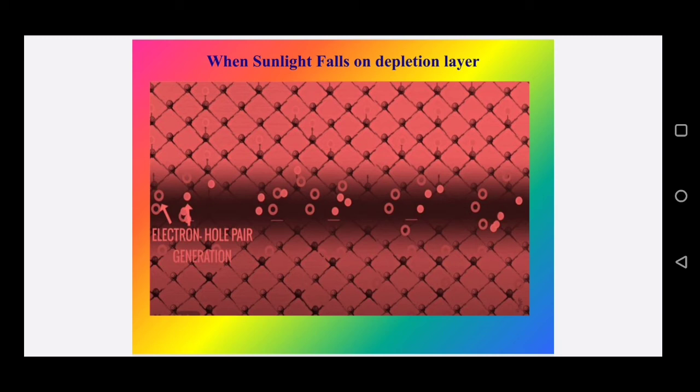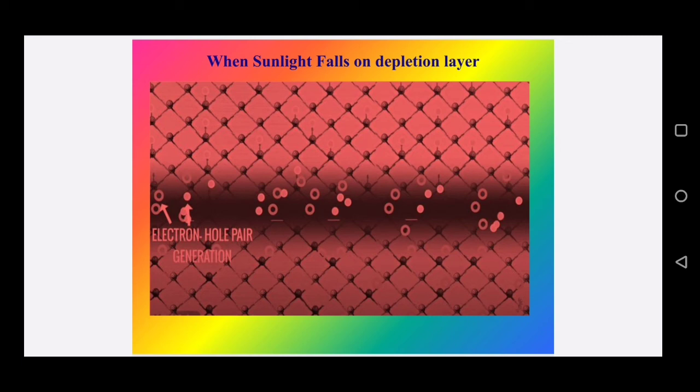This generated electric field drives the electrons and holes out of the depletion region. That is, the electrons move towards n-type and holes are moving towards p-type.